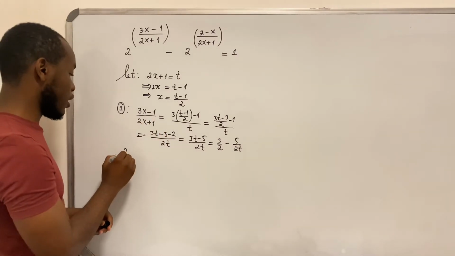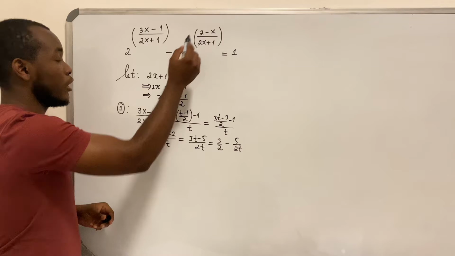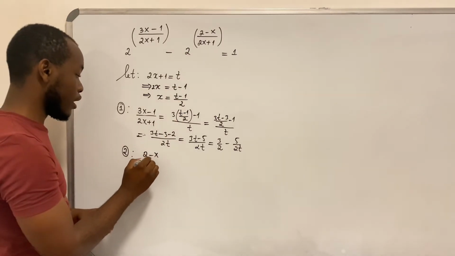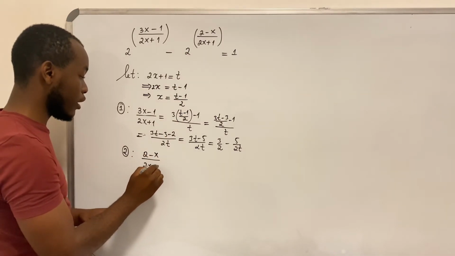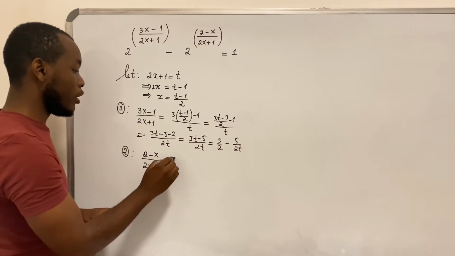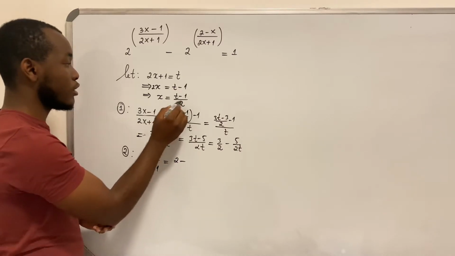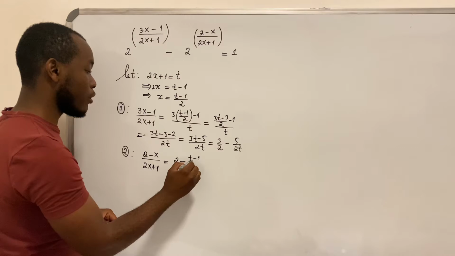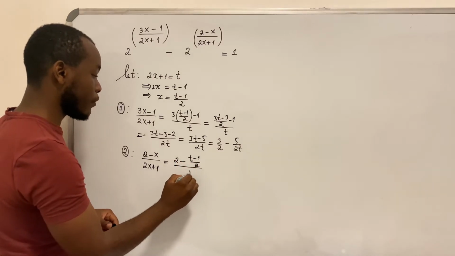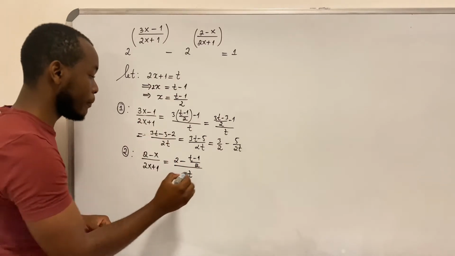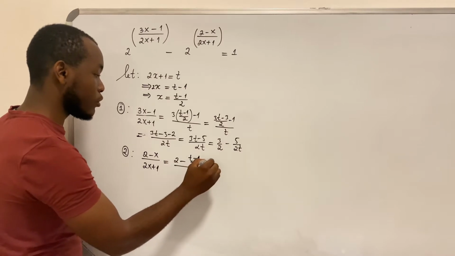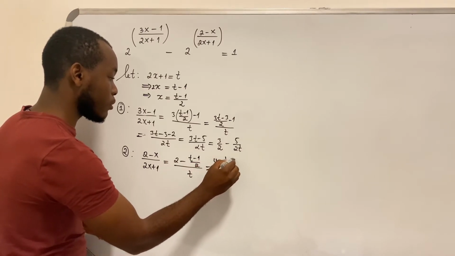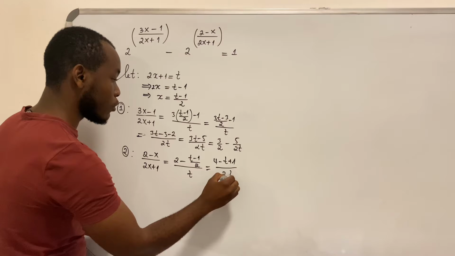For the second exponent, we have (2 minus x) over (2x plus 1). In this particular case it will be equal to 2 minus, where there is x, (t minus 1) over 2, all over t, because 2x plus 1 is t. So this is going to be 2 times 2, which is 4, minus (t plus 1), over 2t.